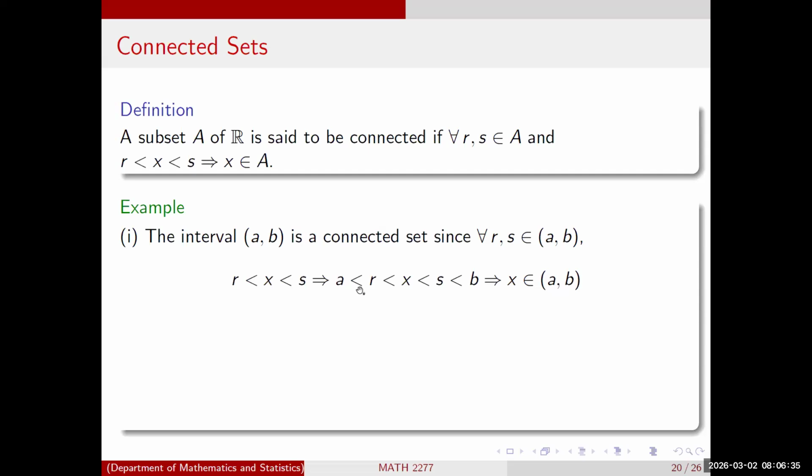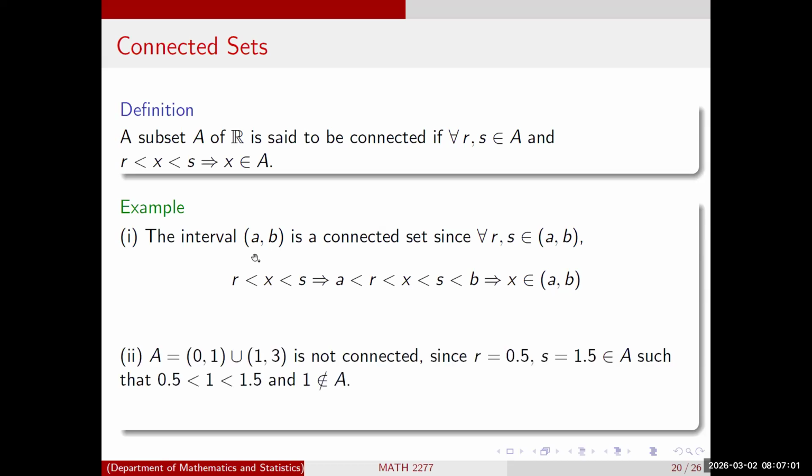Then we get a is less than R because R is in the open interval (a, b), and R is less than S. So any X between R and S is less than S, and S also is in the open interval (a, b), so S is less than b. In other words, X belongs to the open interval (a, b). Therefore, the open interval (a, b) is a connected set.